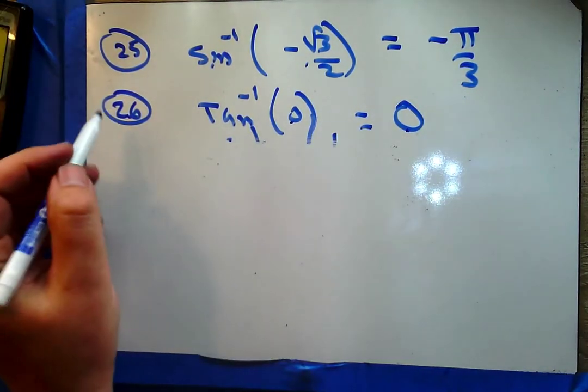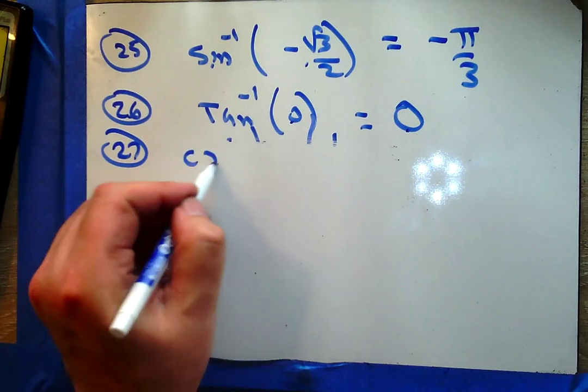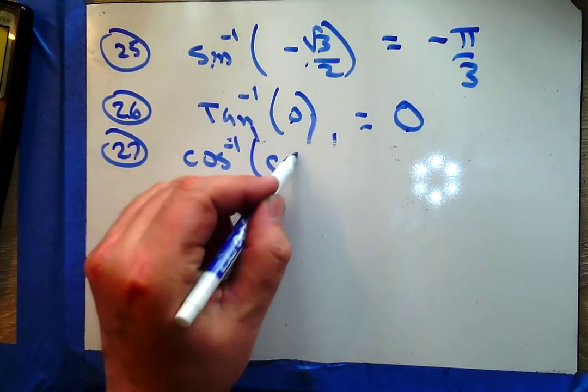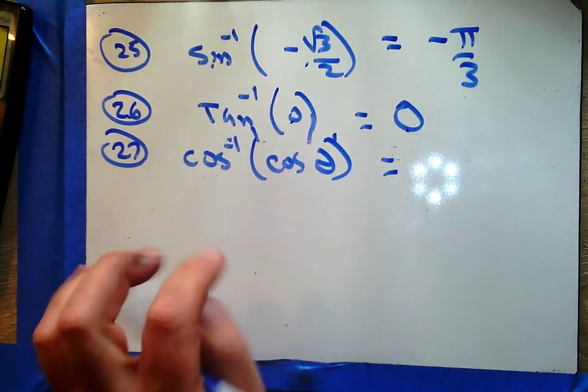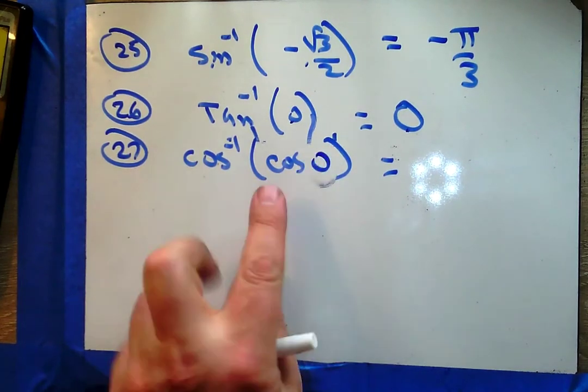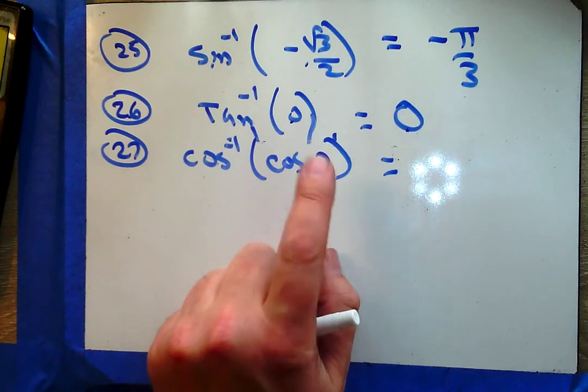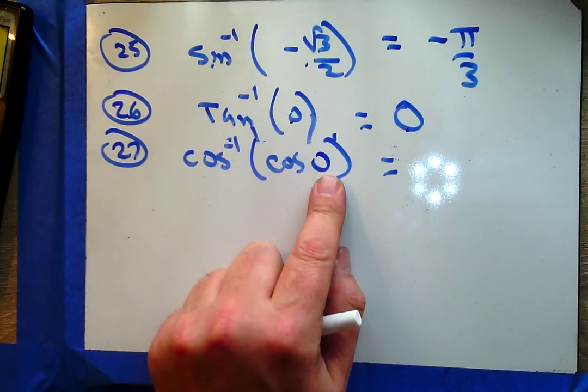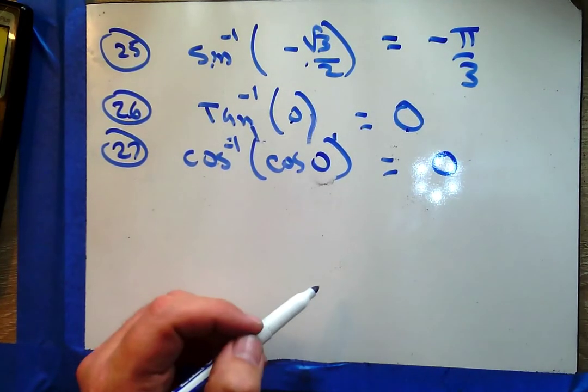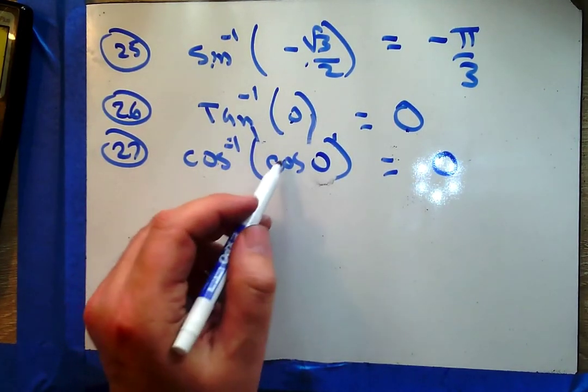All right, 27. Cosine inverse of cosine of 0. Is this a situation where I can just cancel these out? Yes, I was given an angle, and that angle is within the restriction for inverse cosine, and so yes, I can just cancel these out. But let's say I forgot that. Let's figure this out.